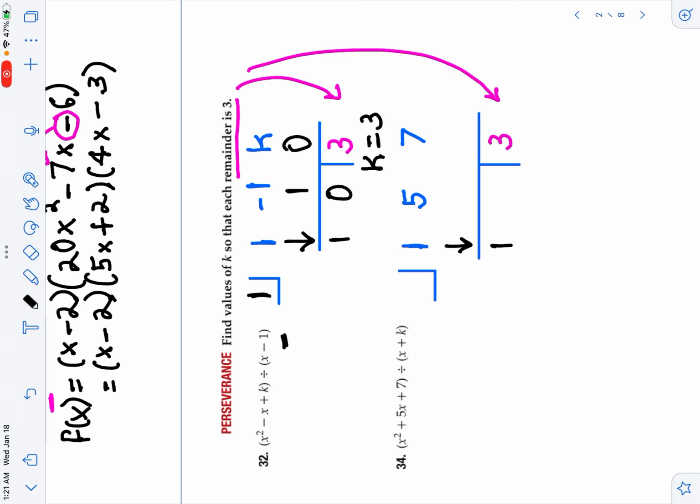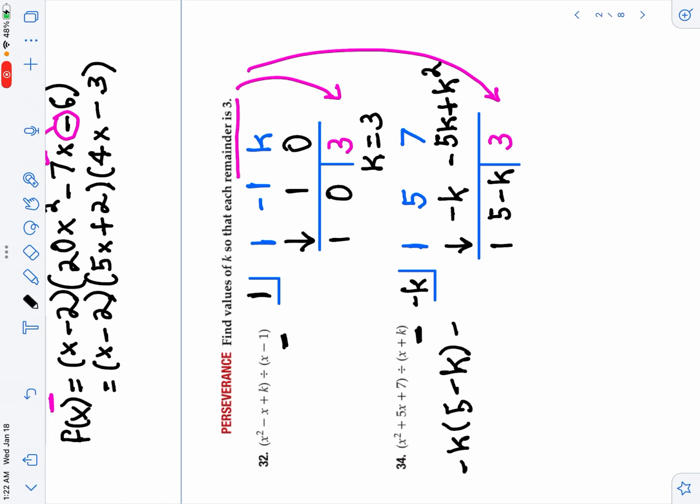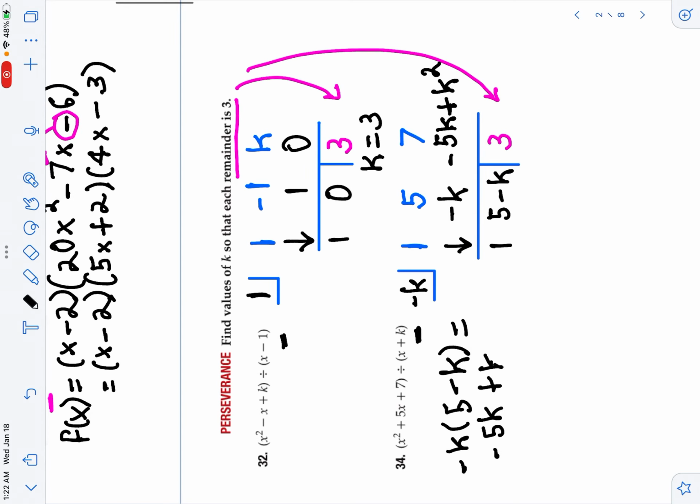In the next one, I'm going to put in the opposite of k. So negative k times 1 is negative k. When I add, I'm just going to write 5 minus k. So then in the next step, I would have negative 5k plus k squared, if you want, because I'm multiplying negative k times the quantity 5 minus k, and that product is negative 5k plus k squared.